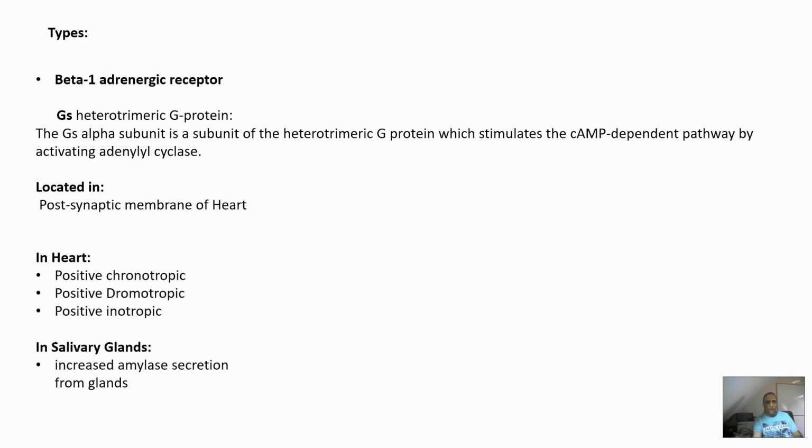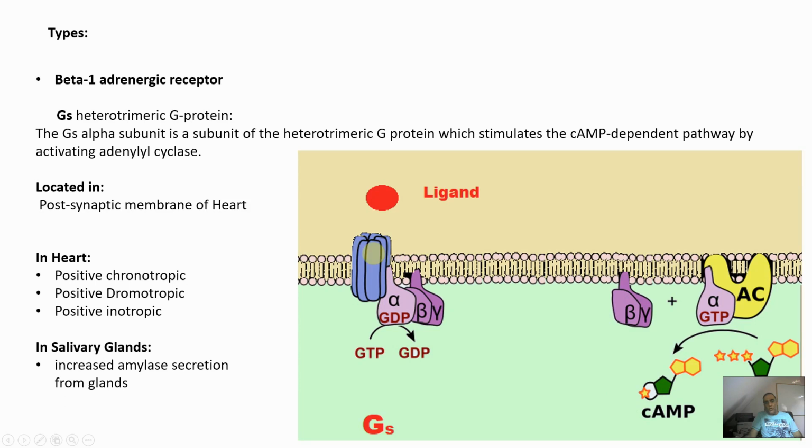As you see in the photo, the G protein coupled receptor has several parts: the transmembrane protein, alpha subunit, beta subunit, and gamma subunit. When the ligand binds to the G protein coupled receptor, GTP binds to the alpha subunit. Because of the conformation change, alpha, beta, and gamma separate from each other.